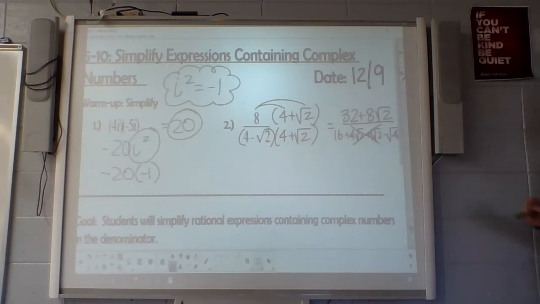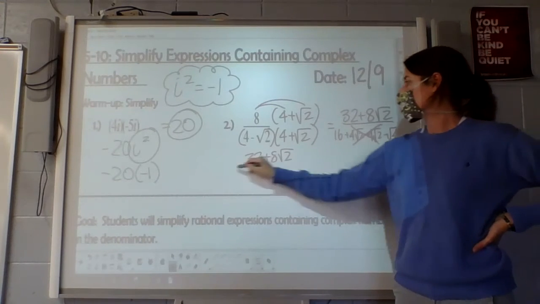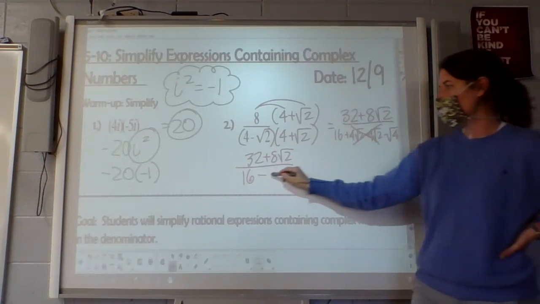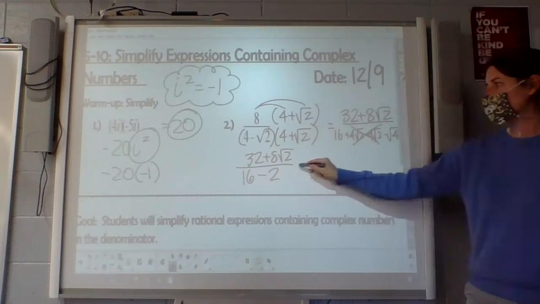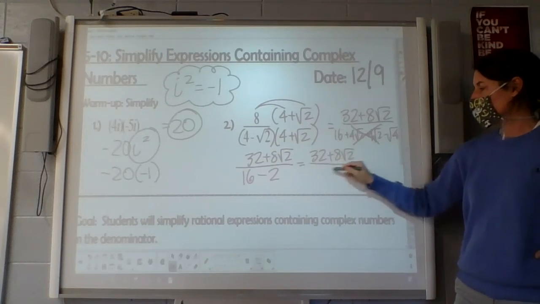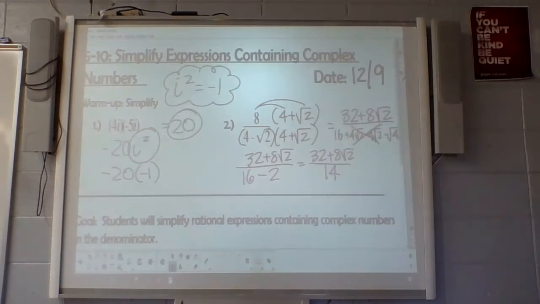Those two cancel. So on the bottom, I have 16 minus square root of 4, so 16 minus 2. So this might be where you stopped. We can go a little bit further though. I'll take a pause here to make sure you're all with me.